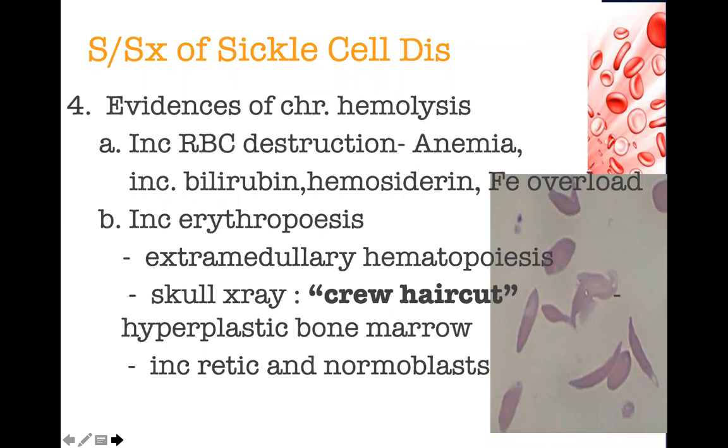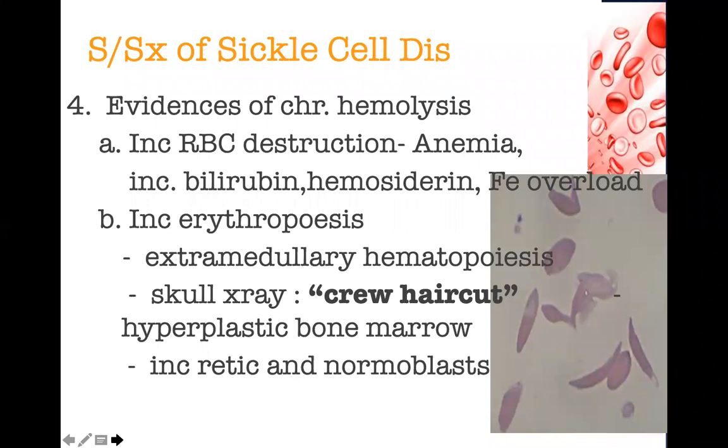Then what are the other evidences of chronic hemolysis? Increased red cell destruction may lead to anemia and increased bilirubin, in particular indirect bilirubin. There could also be increased hemosiderin deposition in the tissue. It may also lead to iron overload, similar to hemochromatosis. Increased erythropoiesis may lead to extramedullary hematopoiesis.